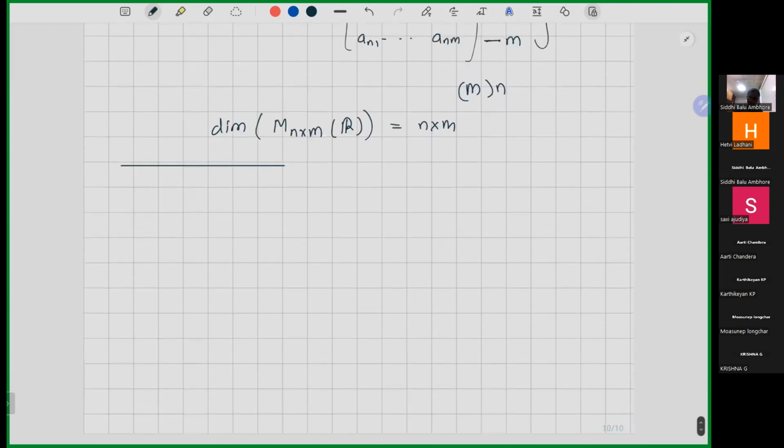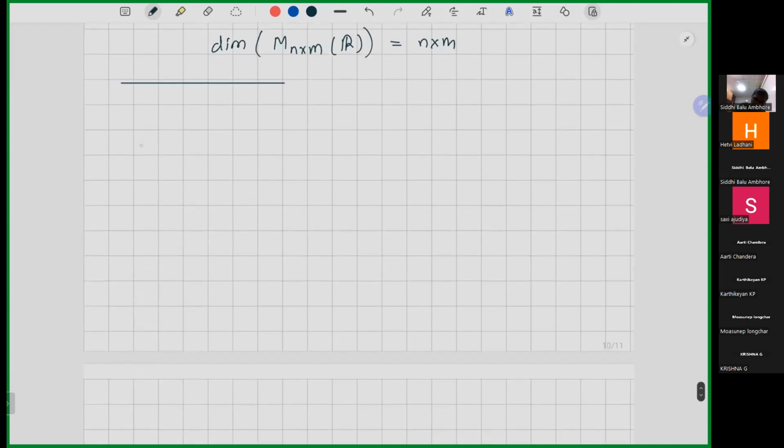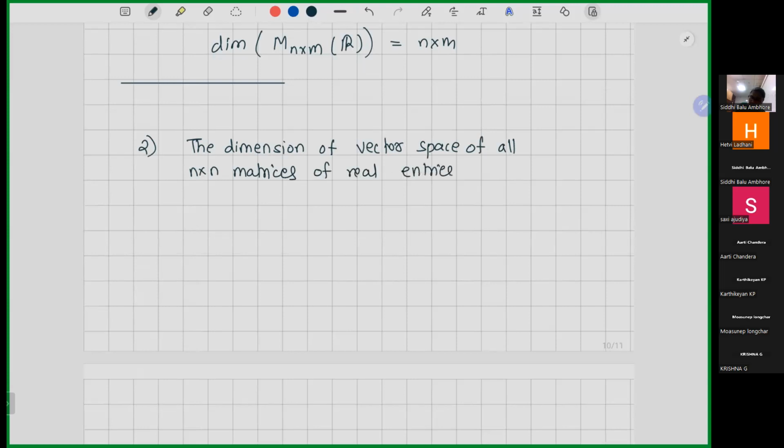Now we have this second question, where they are talking about the dimension of the vector space of all n cross n matrices of real entries with trace equal to 0 is n squared minus n.